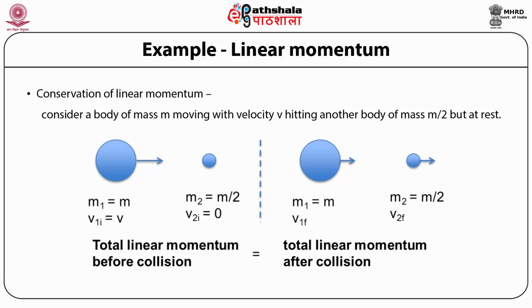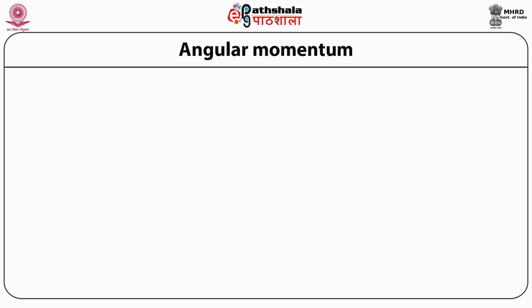After the collision, both of the two bodies start moving. And from the law of conservation of linear momentum, we can estimate what velocity each body is going to have after the collision. Now let's see how we understand angular momentum.